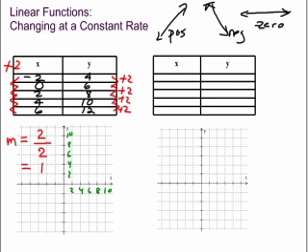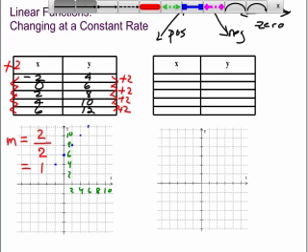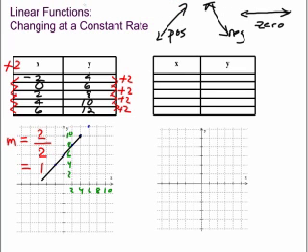So let's see, 0, 6, 2, 8, 4, 10, 6, 12, and then that first one was -2, 4 here. And again, you can see that what you have here is a perfectly straight line, and that perfectly straight line goes through these points.